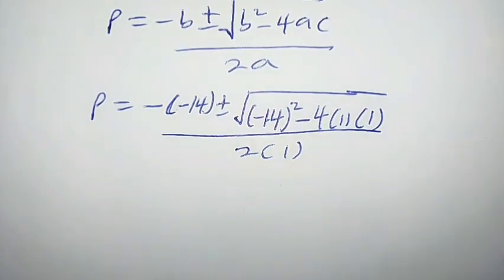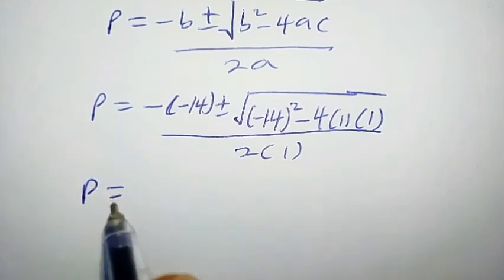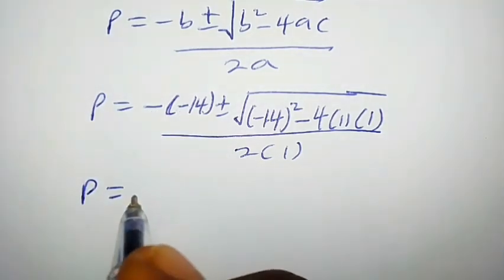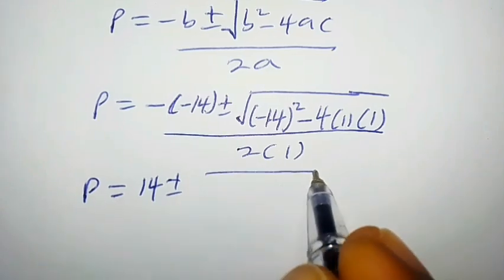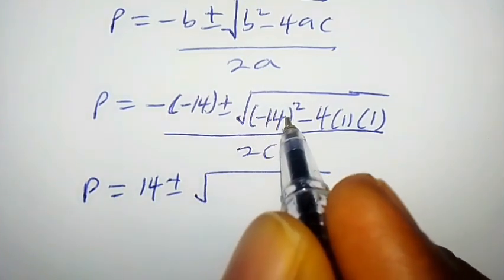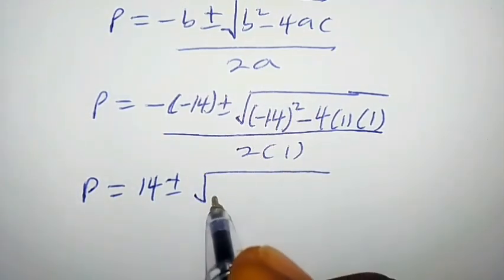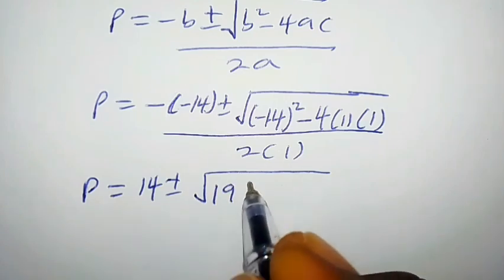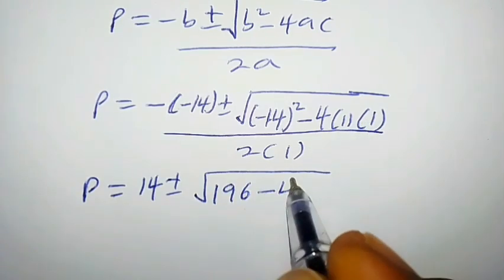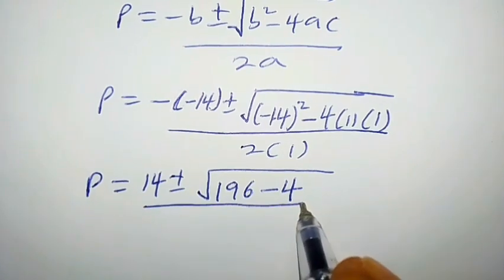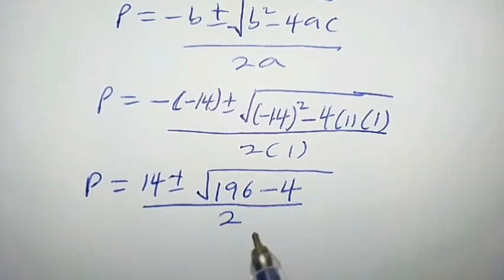Let's proceed further. P is equal to minus times minus 14, that is plus 14, plus or minus square root of negative 14 all to the power of 2, that is plus 196, minus 4 times 1, that is simply 4, everything over 2 times 1, which is 2.